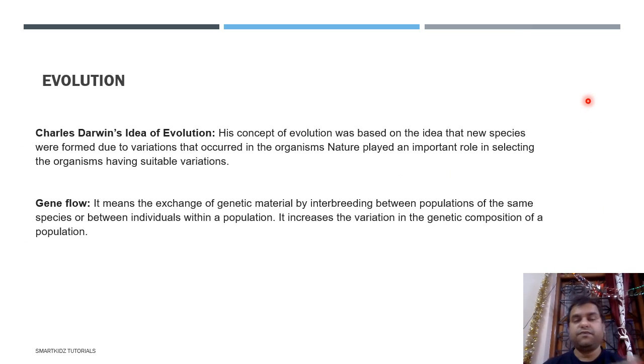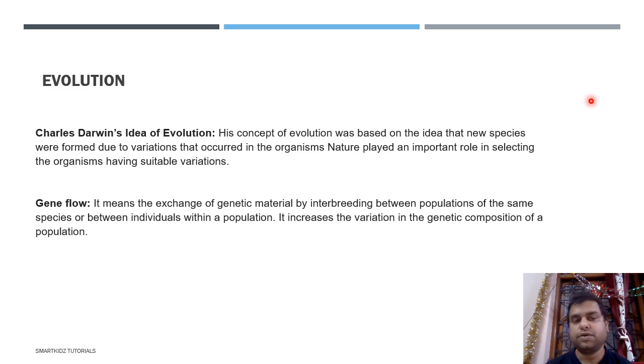So we have spoken about Charles Darwin. When he thought about evolution, his concept was based on the idea that new species were formed because of some variations that occurred in organisms, and nature played a very crucial role in selecting the organisms having suitable variations which gave them certain advantages.